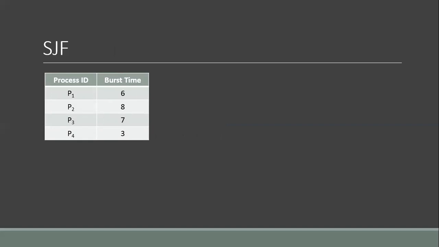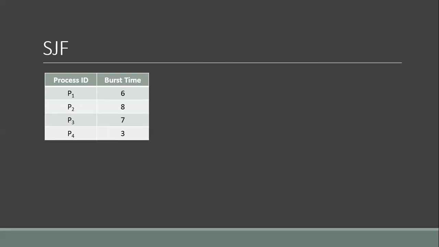Let's take an example to better understand the SJF algorithm. Suppose there are 4 processes that have arrived at the same time in the system. Process P1, P2, P3, P4. These processes have arrived at time 0 in the system.